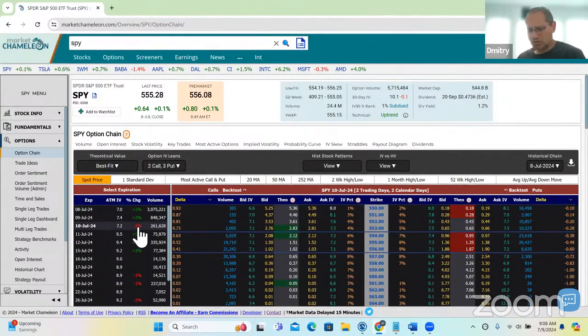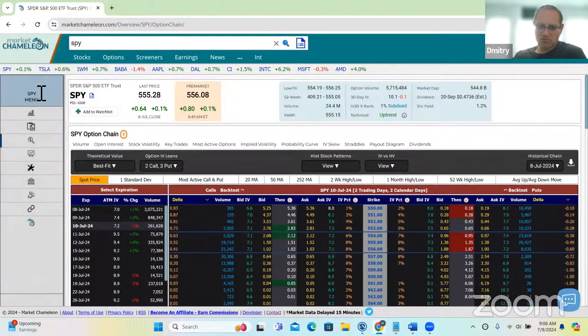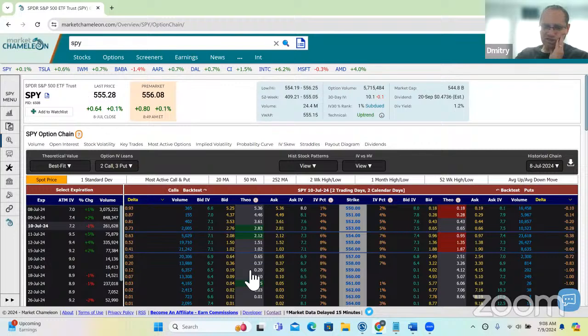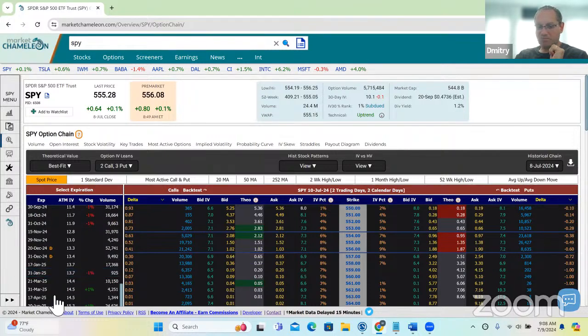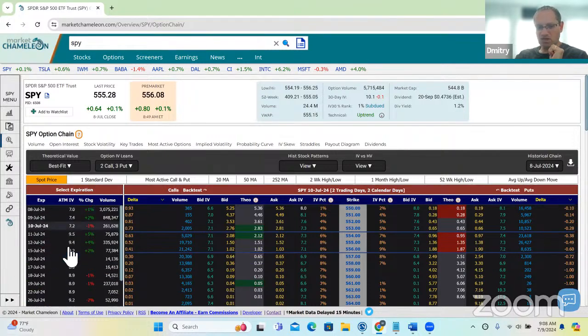So I'm going to go to the SPY options chain, and I'm going to close this menu just to expand the screen. What I did was select an expiration from the left-hand side. Here you see the different expirations that have options listed in SPY. Next to it, we see the at-the-money implied volatility for that expiration. We see the change in the at-the-money IV from the previous day.